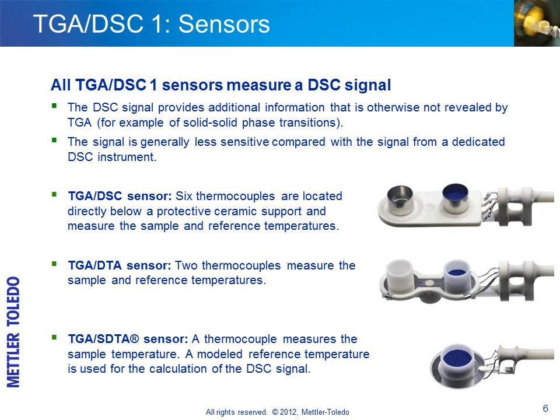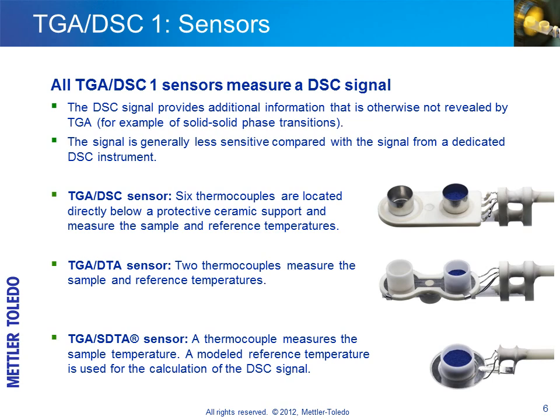The support is made of platinum. The differential measurement improves the signal-to-noise performance of the sensor compared to that of a sensor with only 1 thermocouple. The TGA SDTA sensor consists of a platinum support with a thermocouple that measures the sample temperature. A modeled reference temperature is used for the DSC signal.